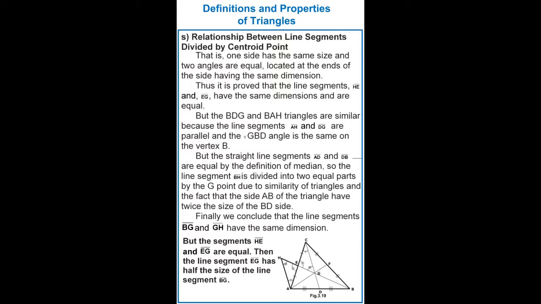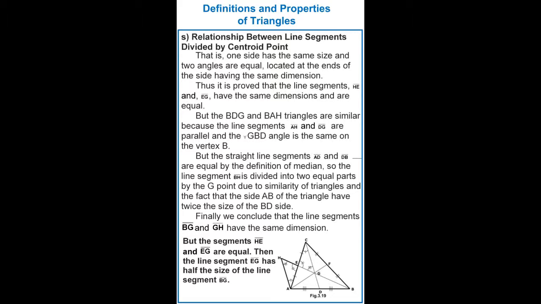So the line segment BH is divided in two equal parts by the point G due to the similarity of triangles and the fact that the side AB of the triangle has twice the size of the BD side. Finally, we conclude that the line segments BG and GH have the same dimension.